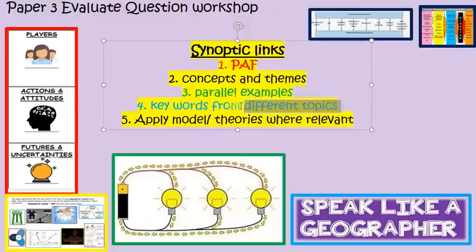Other things, keywords from different topics. In the resource booklet, there won't be that many keywords from your topics, so you're not going to see words like water insecurity and absolute scarcity.